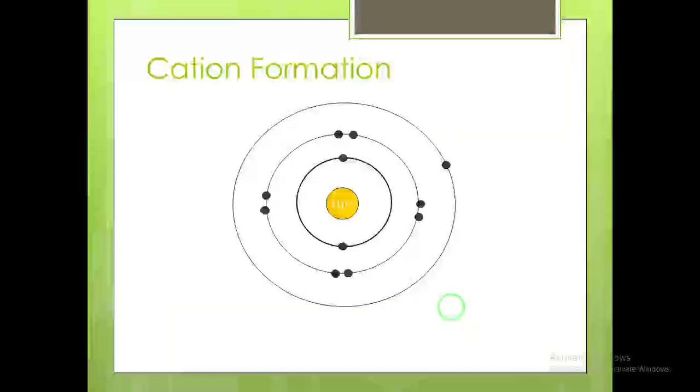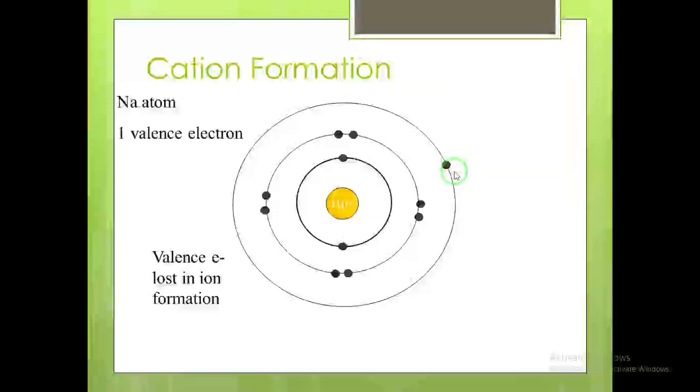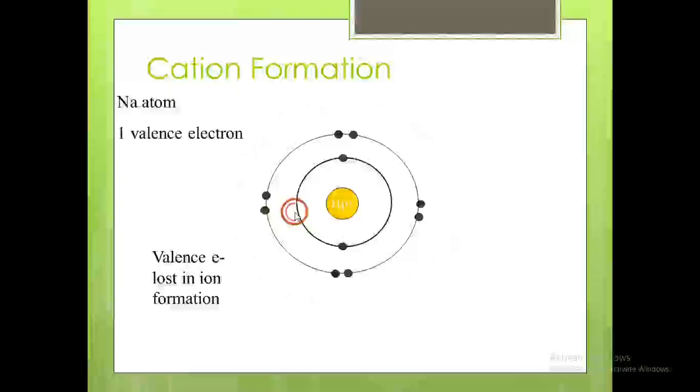So you can see how a cation is formed. This is a valence electron, that is the outermost electron. Once this electron goes off, this whole shell is off. You can see the way it moved out. So we are left with just this inner one.